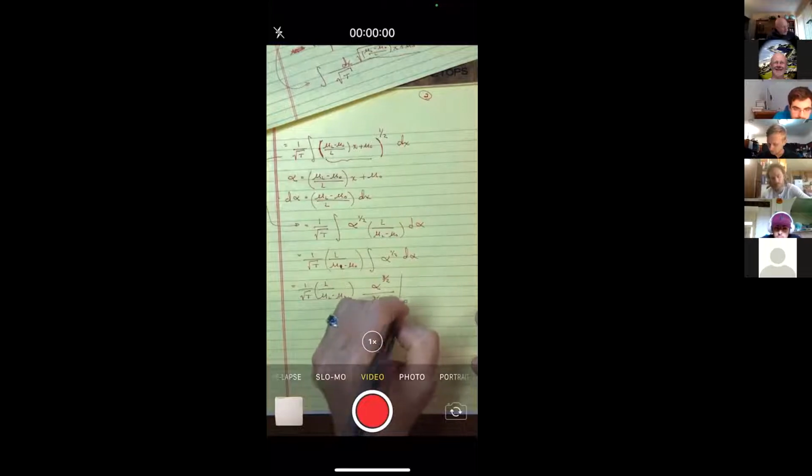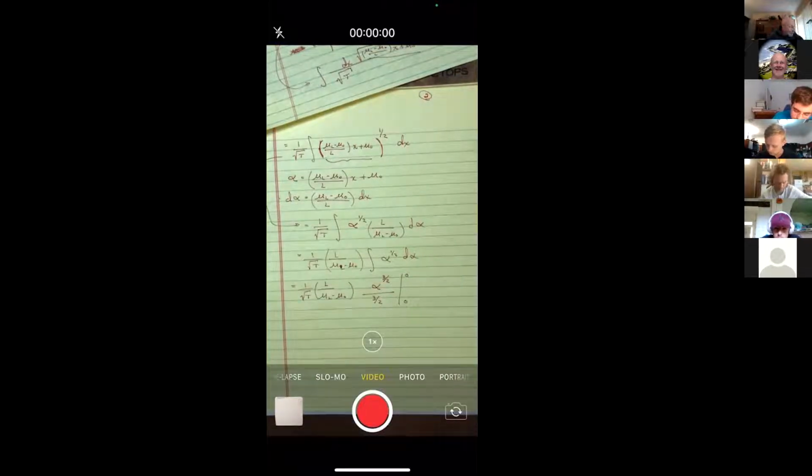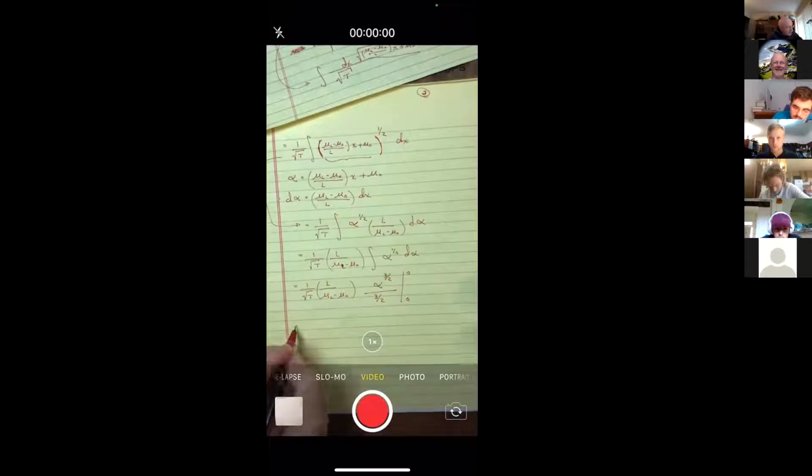And then there are some limits, which I'm just going to represent with 2 circles for the moment, because they're probably better listed in terms of x. So I'm going to switch alpha back to x before I put in the limits. Okay, so over here, I've got L on the top. I've got the square root of tension.